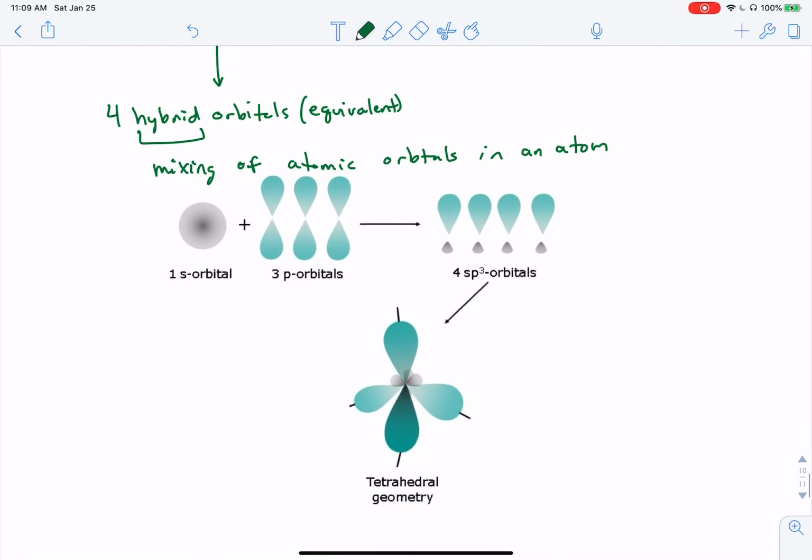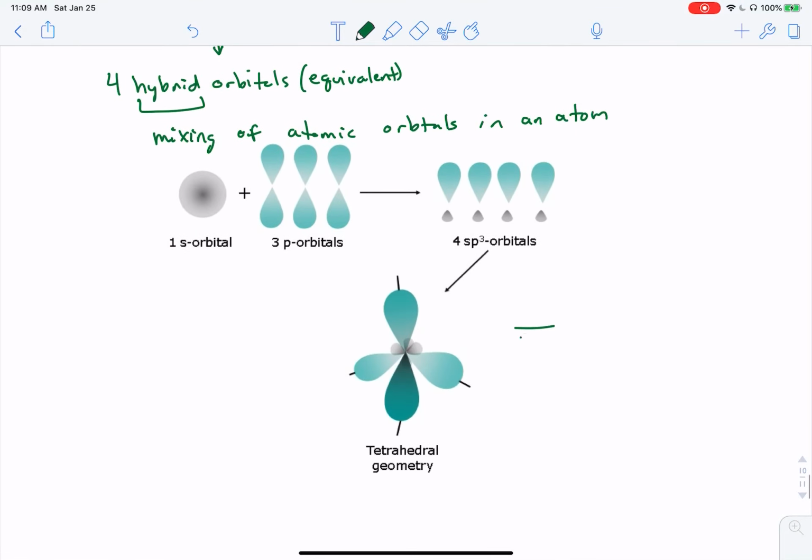So what this also does is it takes the 2s and 2p and makes them all equivalent. And these are known as sp3 orbitals because they are a hybrid of 1 s and 3 p orbitals. So sp3, that's what the notation means. It's taken 3 p orbitals and 1 s and made them all equivalent. So that way you can put 1 electron in each and then they can bond.